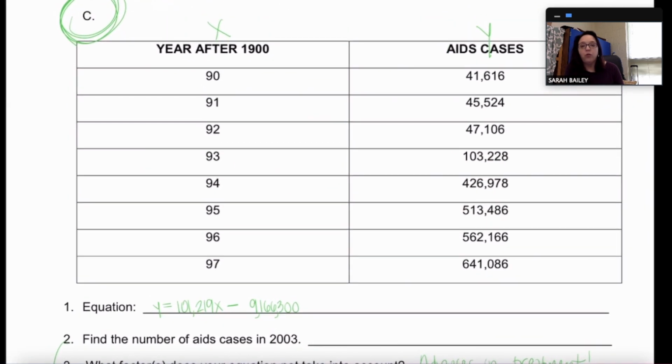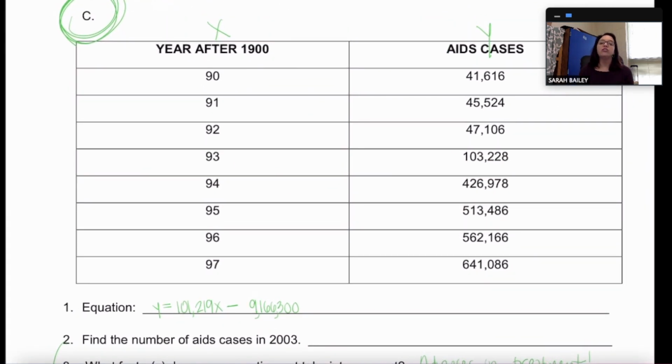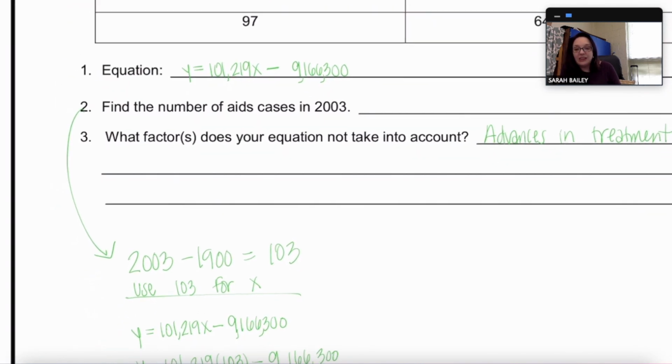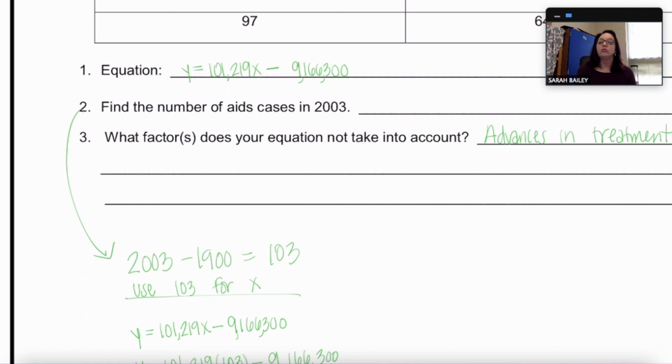All right, and then C. Now be careful because the x values are years after 1900. So when you see the 90, that's 1990. When I see 96, that means 1996. Okay? All right, so there's the equation that you would have come up with. And then part two said find the number of AIDS cases in 2003.